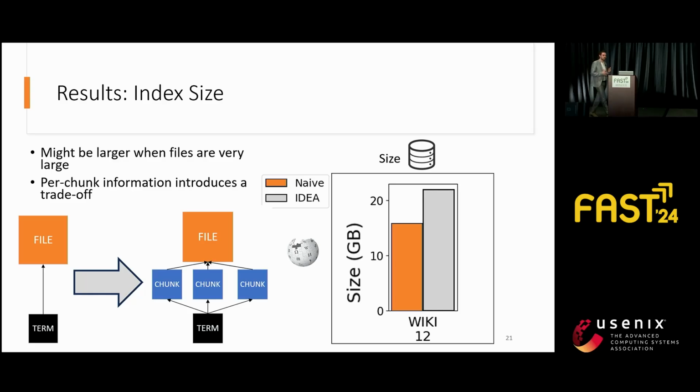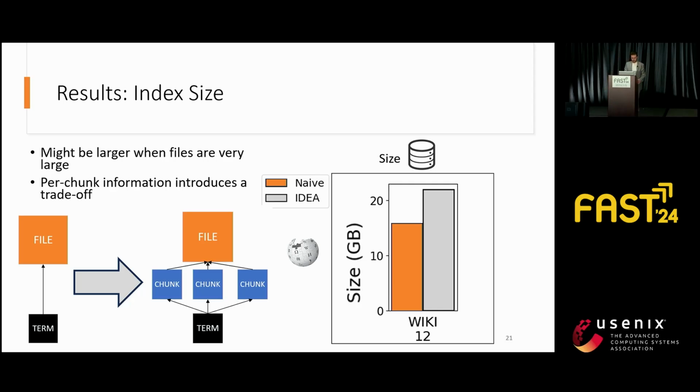So in a case where files are very large, we're going to multiply the number of pointers in the system, both in the term-to-chunk map and the chunk-to-file map, which would result in a much larger index, and that's a trade-off that was introduced by our idea.